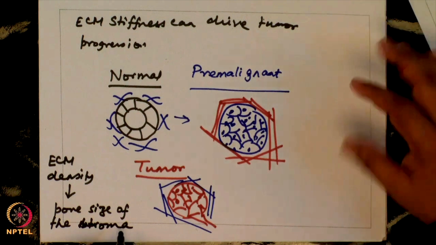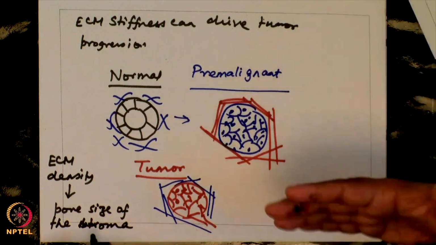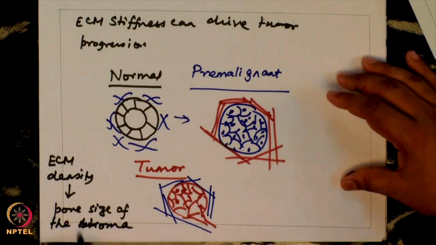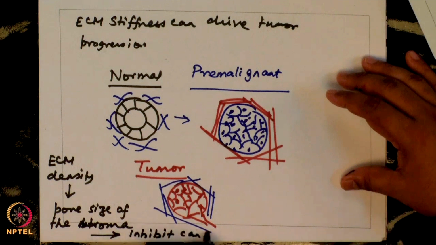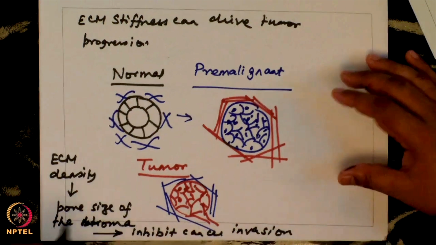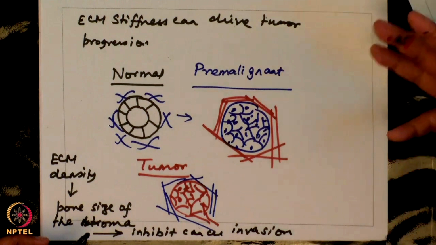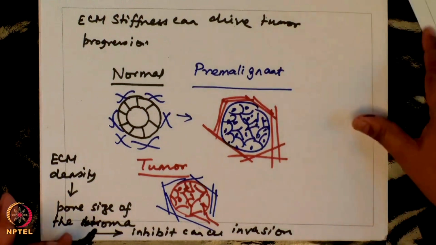So if you have increased density, then this should actually prevent cells from invading, right? Your pore size has decreased, so it should inhibit cancer invasion. This should inhibit, but what you observe is the cells become more and more invasive. How is it possible?